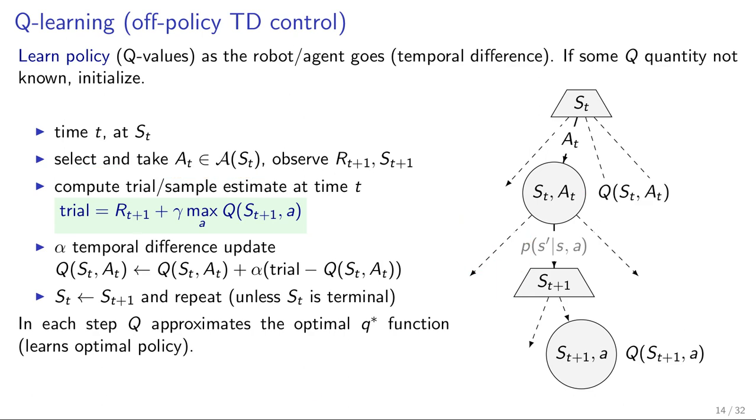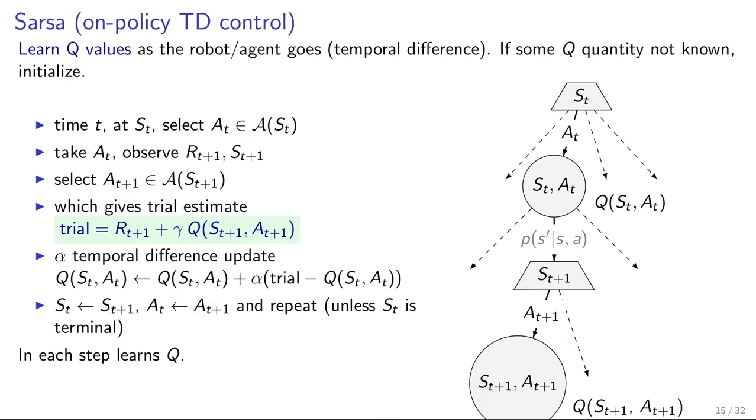Which is different to this other algorithm, which is called SARSA, and that is on policy. Now, what does that mean? The difference here is that rather than taking a max over here, it's taking an AT+1 based on a policy it's following. So the SARSA comes from state, action, reward, state, action.